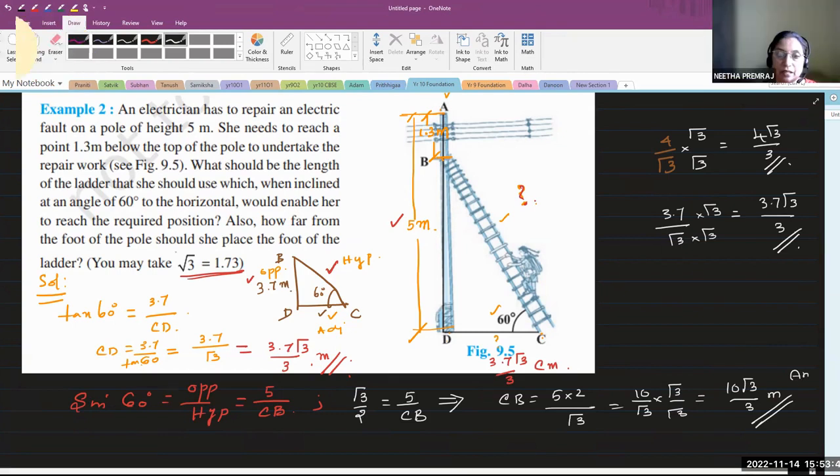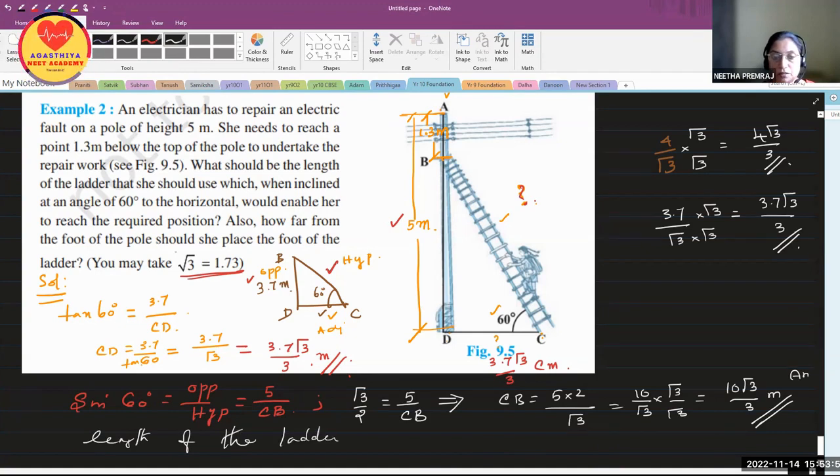So you can write the conclusion. Okay, that's fine. The length of the ladder you can write that way. Length of the ladder is equal to 10√3 by 3 meter.